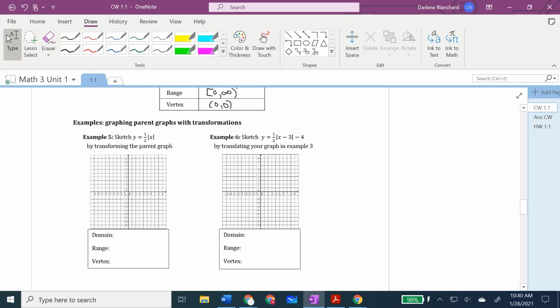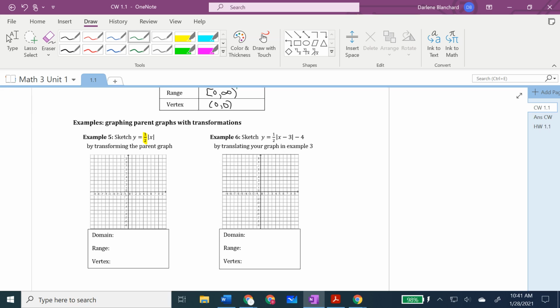Now, for sketching 1/2 multiplied by the absolute value of x, perhaps you remember that multiplying outside the function either squishes or compresses or stretches the graph. What it really does is it takes all the y values and multiplies them all by 1/2, which would be dividing them by 2.